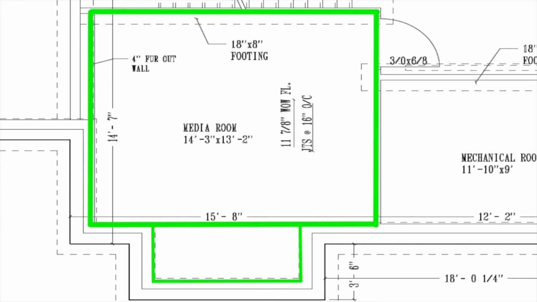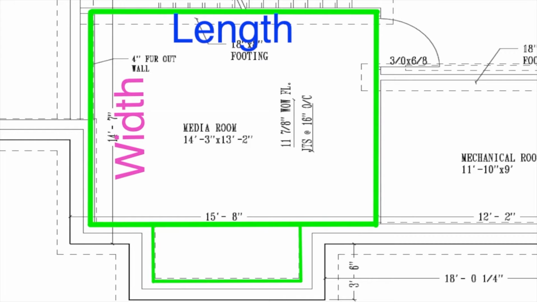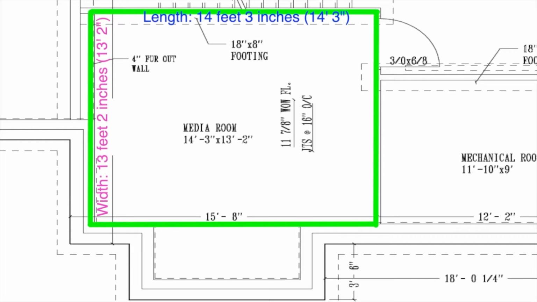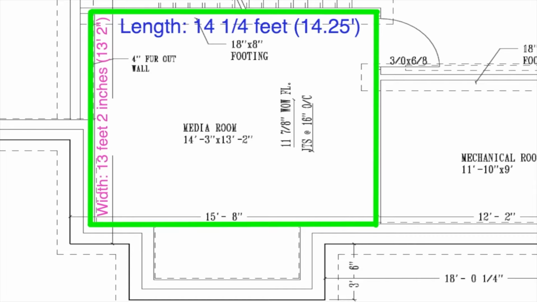By multiplying the length and width dimensions for each rectangle, we can find the areas of each section. For the larger rectangle that makes up most of the room, the length is 14 feet and 3 inches, and the width is 13 feet and 2 inches. Since 3 inches is 1/4 of a foot, we'll refer to the length as 14 1/4, or 14.25 feet.